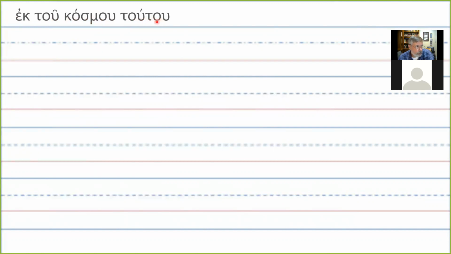Well, that is what's called the predicate position again, because the article's with the noun. There is no article with the demonstrative pronoun. So it is this world. So from this world would be the translation. Right. Okay.